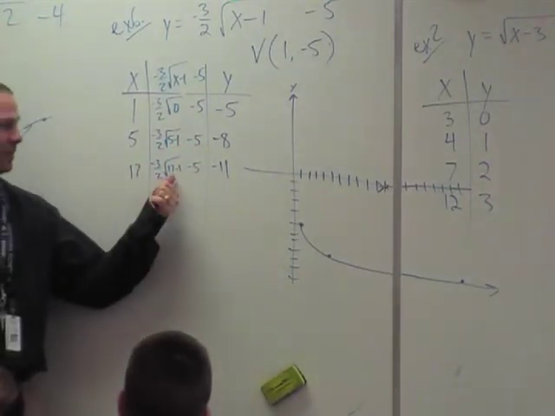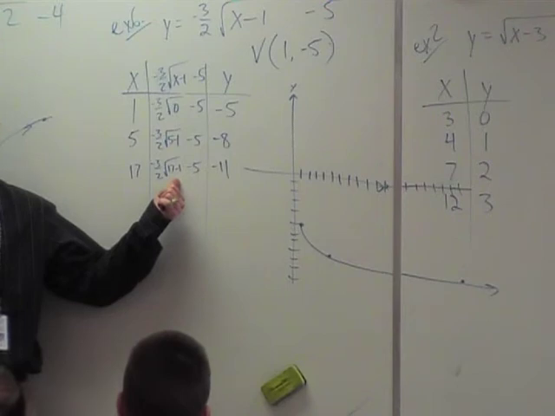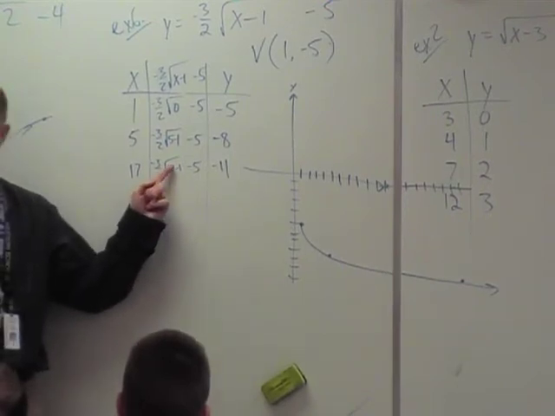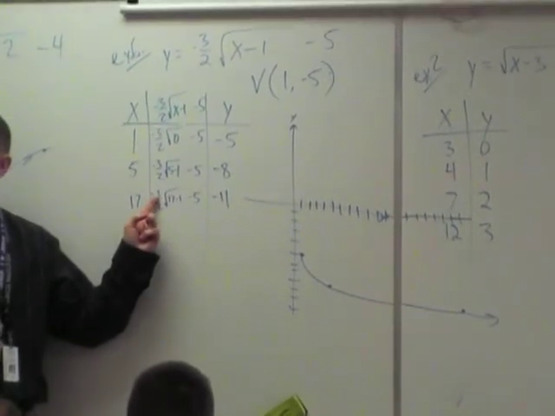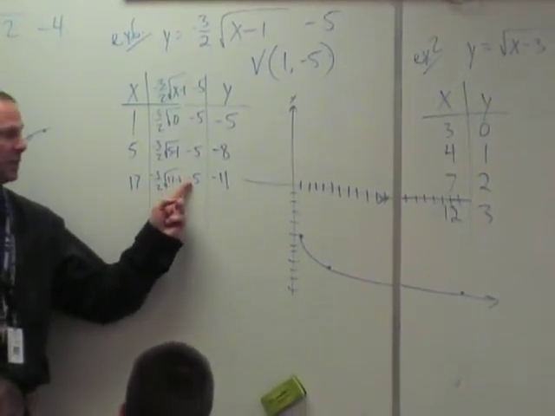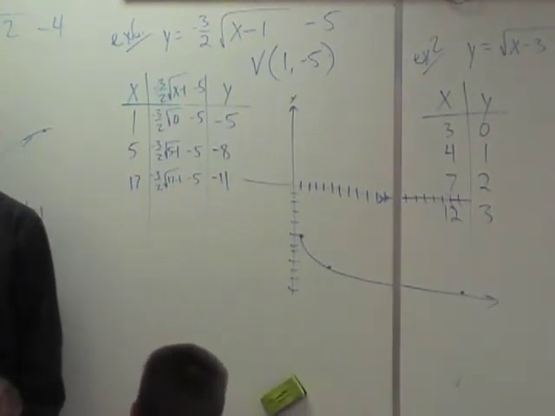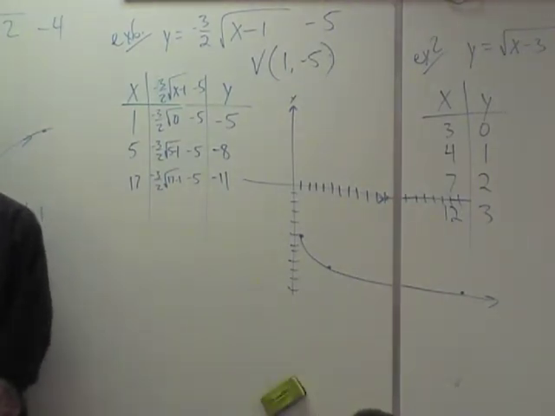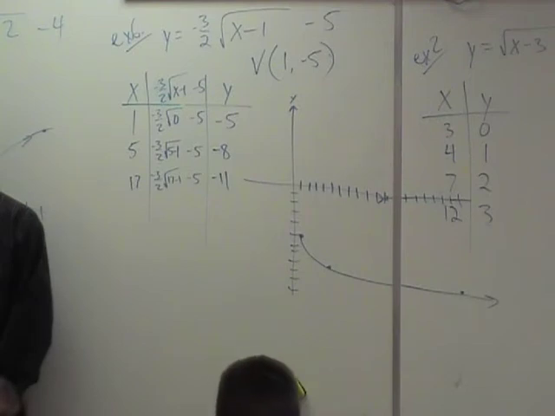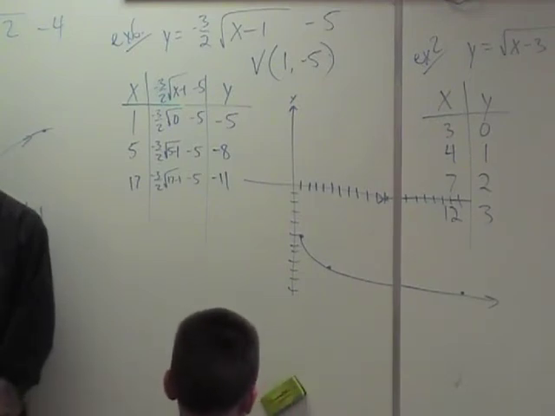I chose 17 because 17 minus 1 is 16, square root of 16 is 4. The 2 divides into the 4, leaving 2 left over. 2 times negative 3 is negative 6. Negative 6 minus 5 is negative 11. So I'm picking specific numbers. I mean, you can use your calculators if you want. I'm just picking numbers that will make it work. Okay?